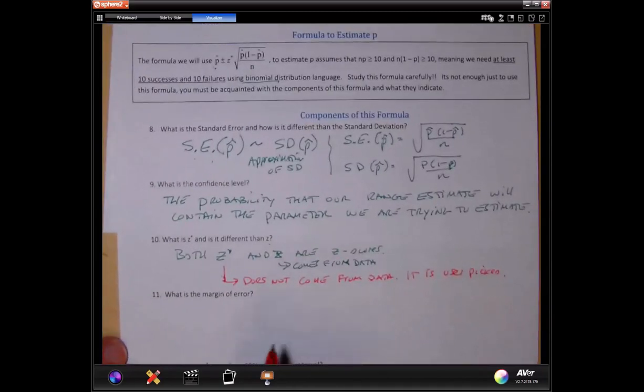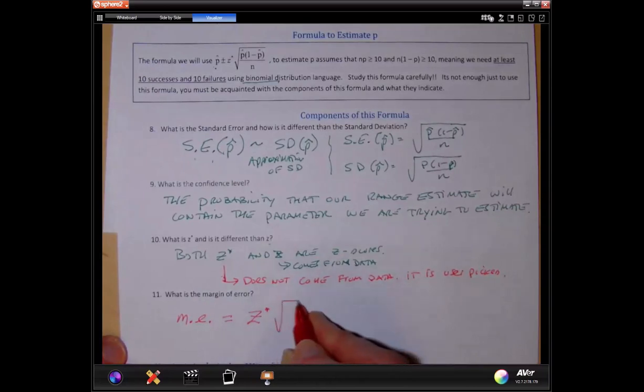What is the margin of error? I'm sure you've heard this before, the margin of error. So the margin of error, sometimes abbreviated ME, is the following. In other words, the margin of error is how many of these you're about to use, and these are standard errors.